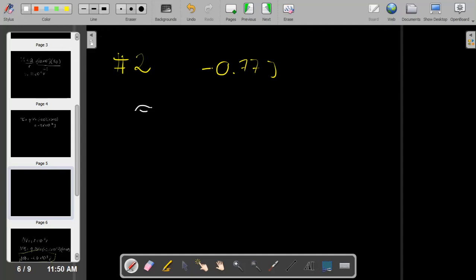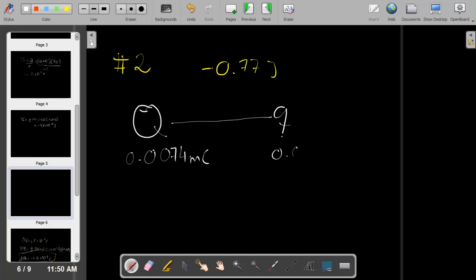We have a fixed charge Q. We have a movable charge, little q. They are at a certain distance. Let's put the values of these charges. The fixed charge is 0.0078 millicoulombs, and the charge that is moving, our little q, is 0.0018 millicoulombs.